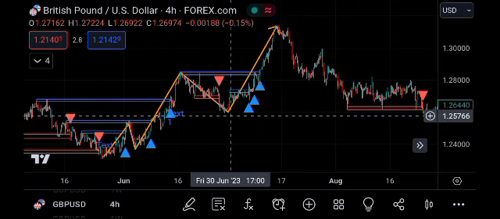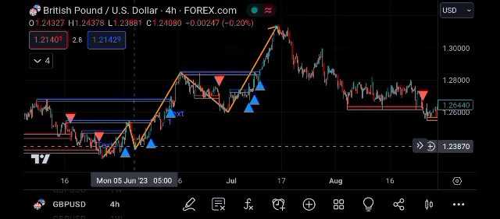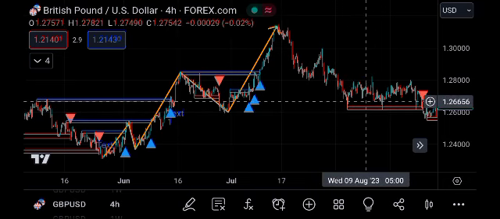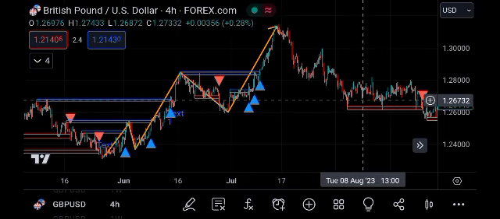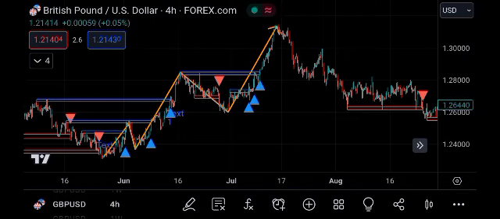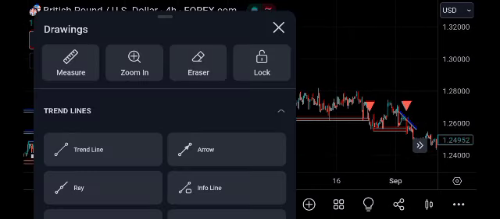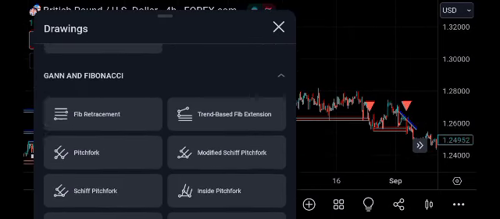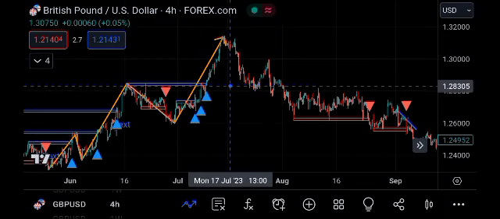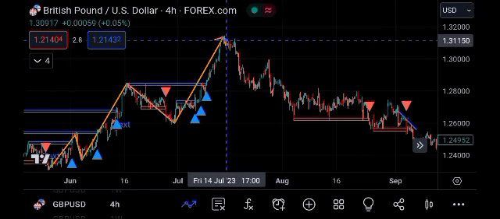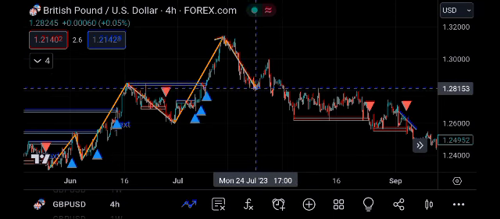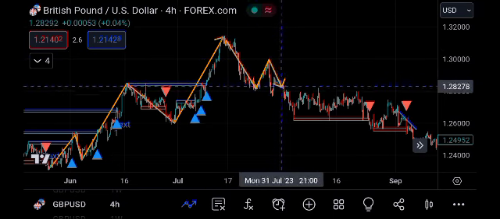This one here, and this one is the point of correction. From the fifth wave here, you see the momentum changes from this point here.